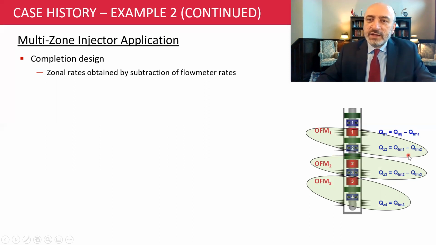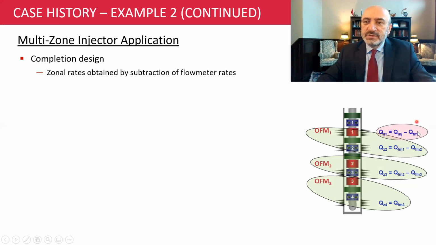So how do we calculate the injection rate to zone 1? That's basically subtracting the flow meter number 1 rates from the total injection rate. Now that total injection rate is a known value to the operator through some surface measurements. So here is the measurement system for a multi-zone injector application.